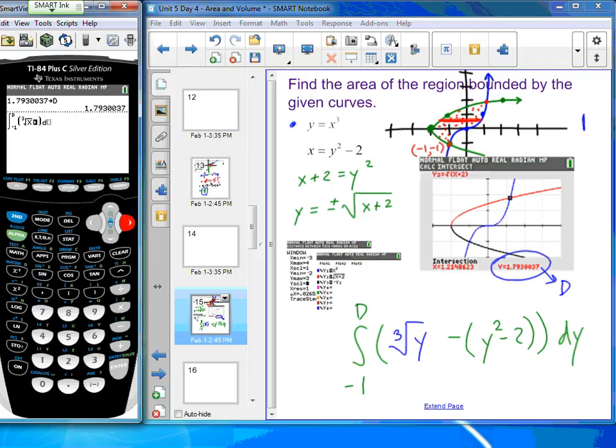Minus left curve. Solve for x, and I'll do parentheses again so I don't mess up. Would be y squared minus 2 with respect to y, but my variable just keeps telling me x. And just all and grinding.